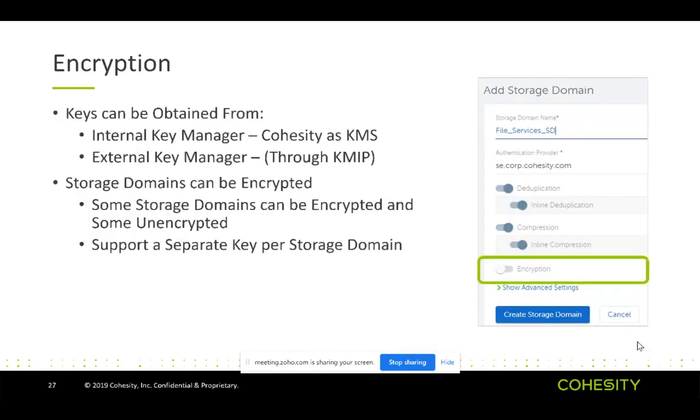This is the encryption, and it can be turned on or off on the storage domains. We have an internal KMS, or key management server, but you can plug in your external key management server or key manager as well if you like. That is also possible here.